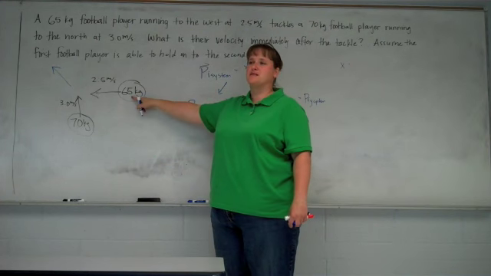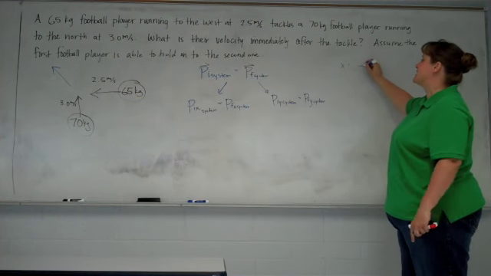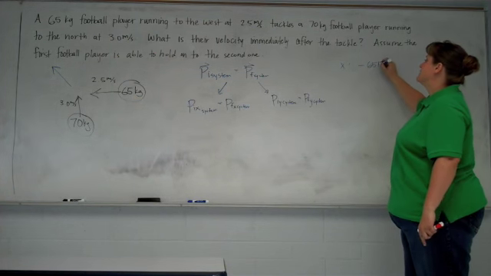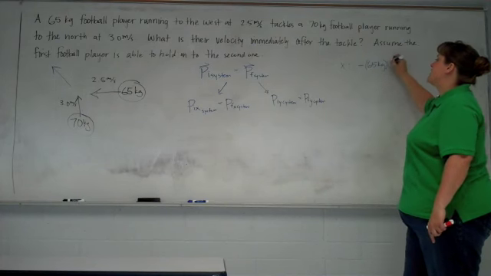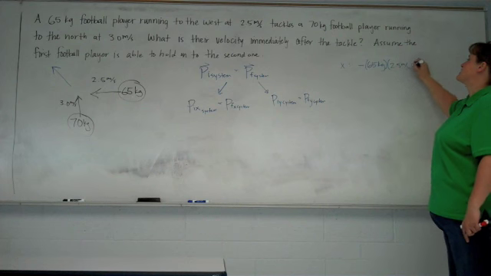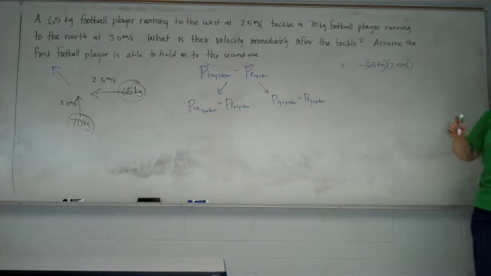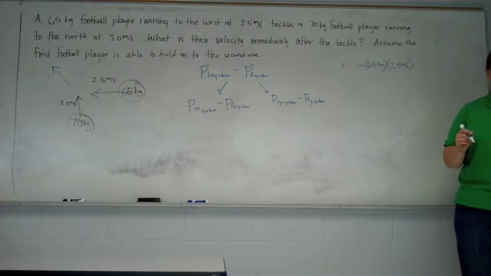This guy has momentum in the x direction initially. It's headed towards the left, so we can say negative. His mass is 65 kilograms. His speed is 2.5 meters per second. Negative because he's headed to the left. What about the 70 kilogram football player?